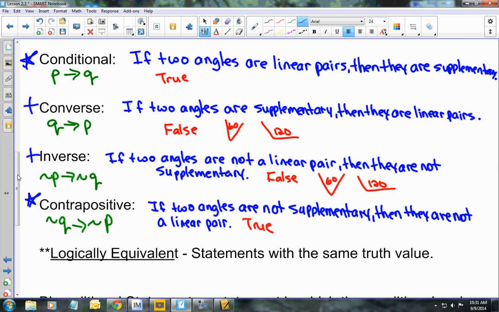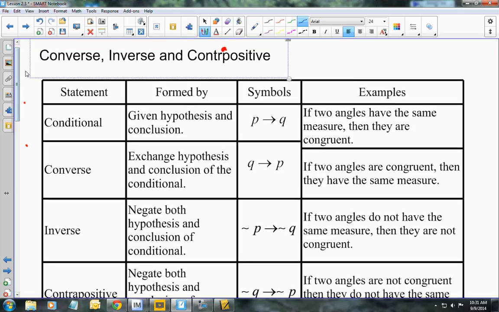Okay, so if I went back up here, if two angles have the same measure, then they are congruent. Is that true or false? True, right? If two angles are congruent, then they have the same measure. True.